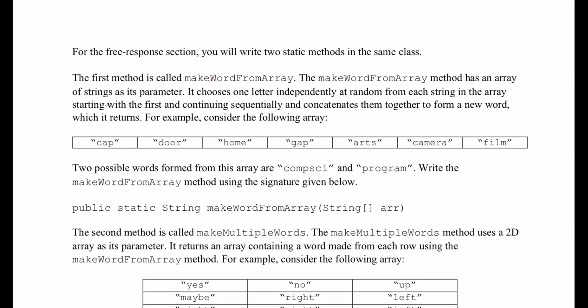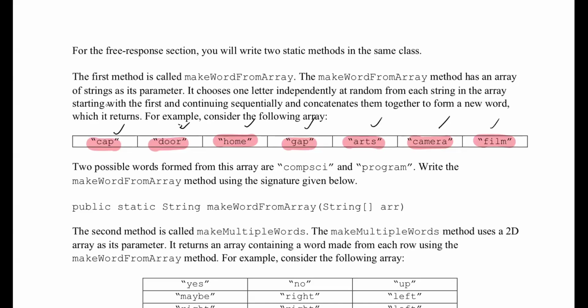What this means is, as you can see here, we have an array of words, and we are going to pick a random letter from each word. For example, let's say I will take A, I will take O, O, A, C, F, and so on.